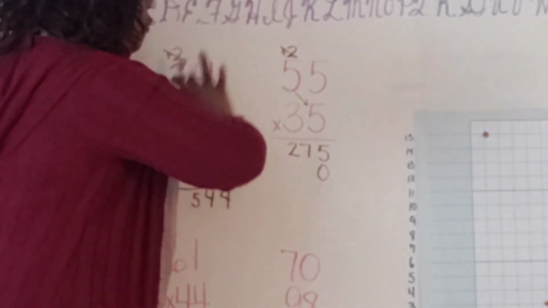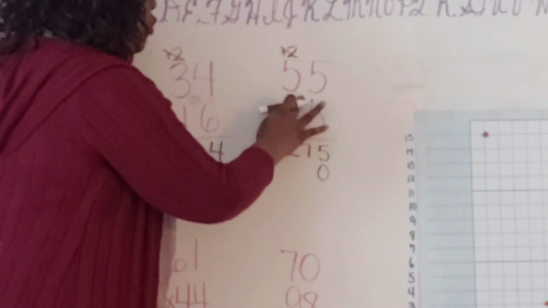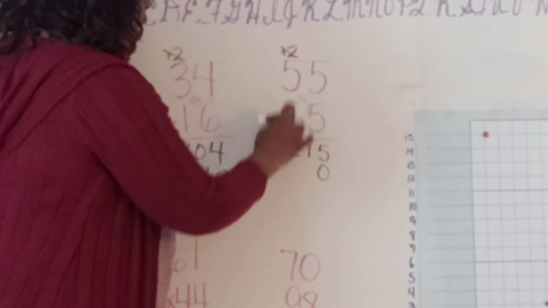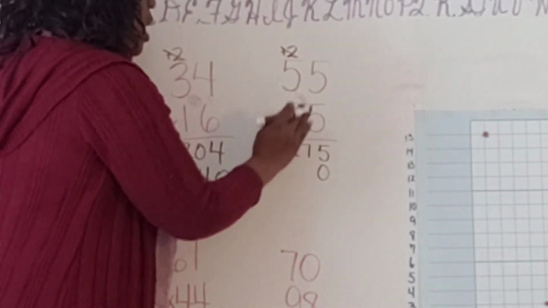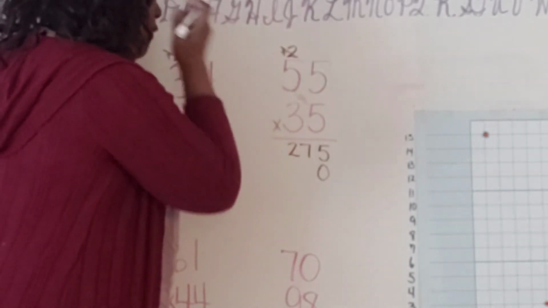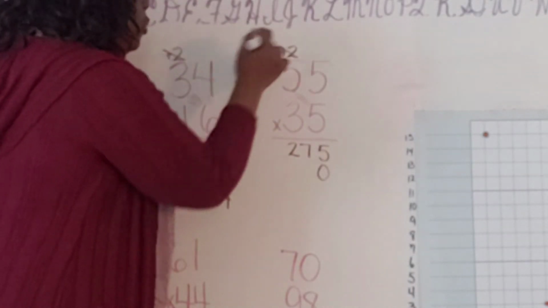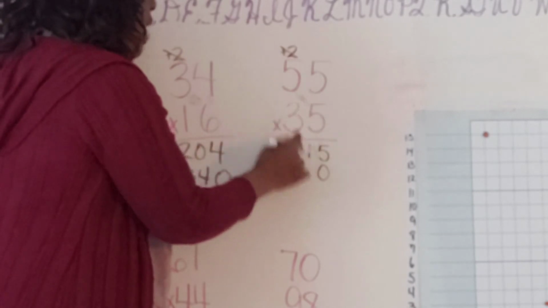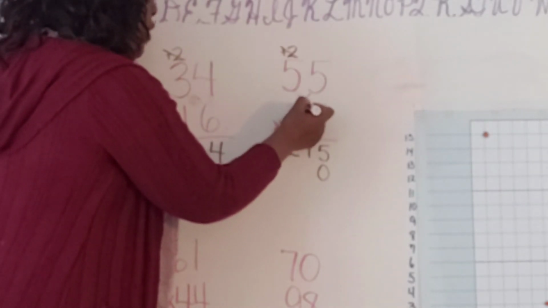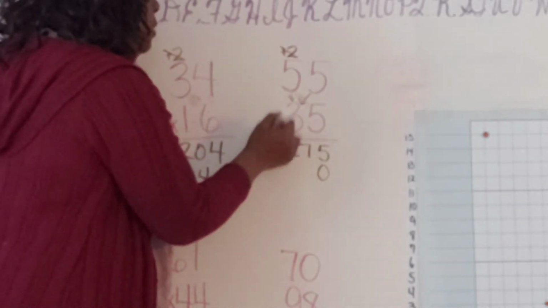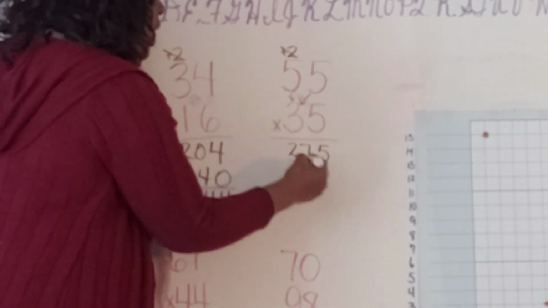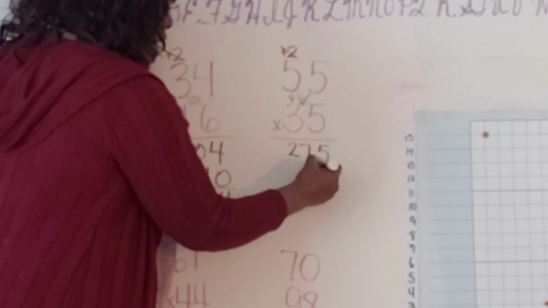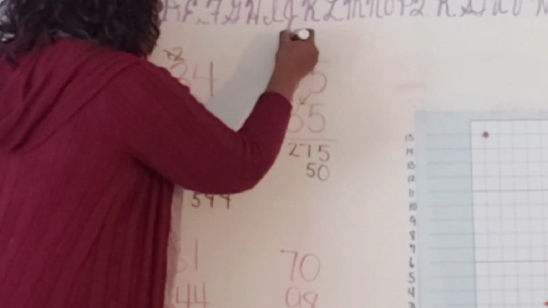And then cross out my carryover so I don't try to carry it over again when I'm multiplying 55 times 30, 55 times my 3, okay? Because I don't want to get that confused because I already used that. So cross out the carryover and then multiply everything on top times my tens place. Start with the ones place, 5 times 3, 15, put my 5 down, and my 1 comes on top.